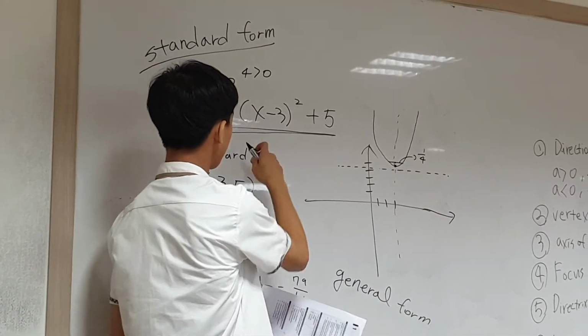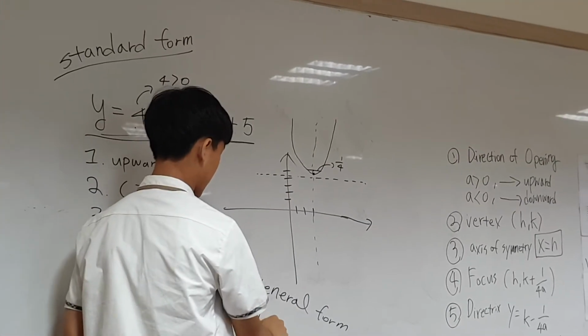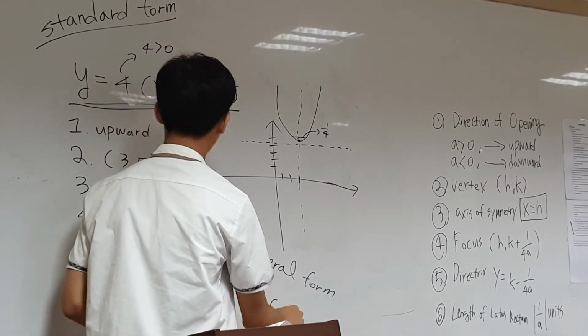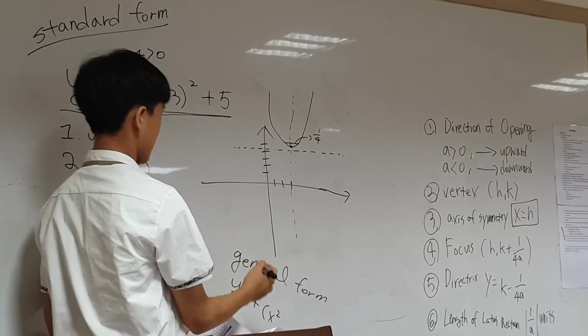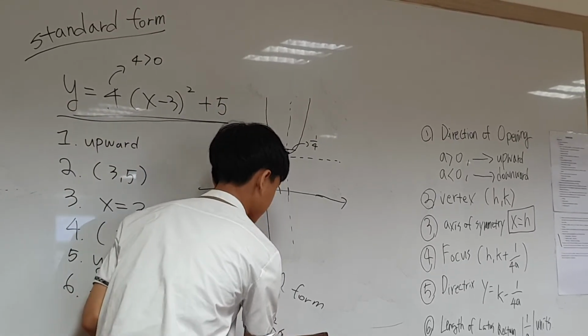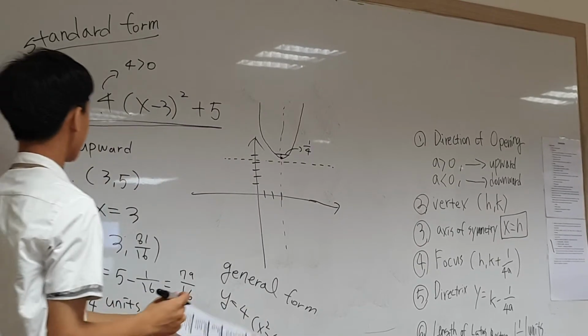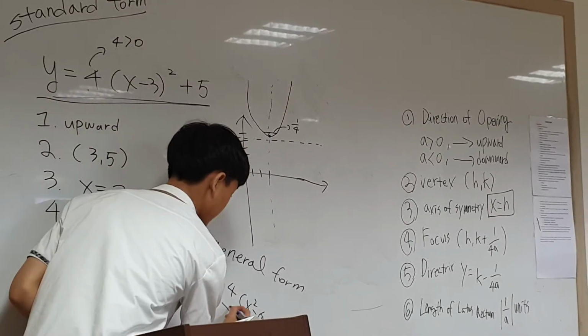So it would be y equals 4 times (x squared minus 6x plus 9) plus 5.